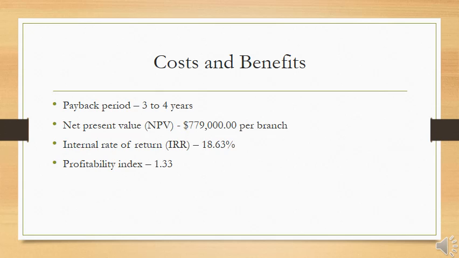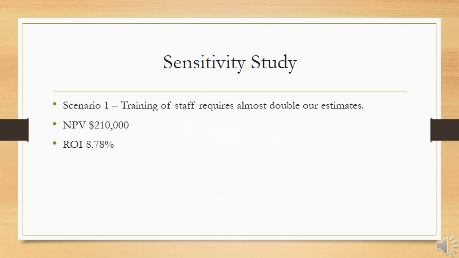So our profitability index, as you can see, the ratio to payoff for investment is 1.33. If you turn to, I believe it's page 3 of your handout, you'll find some information on sensitivity studies. This is just asking, what if our estimates for our crucial elements are completely out?